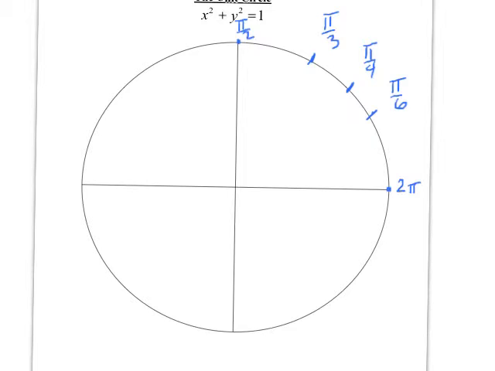And guess what? Just like with the 45 or the pi over 4 triangles, we could take this pi over 6 and move it over to here. Okay, we get this spot right there. Well, what is that spot? Let's see. 1 pi over 6, 2 pi over 6, 3 pi over 6, 4 pi over 6, 5 pi over 6.